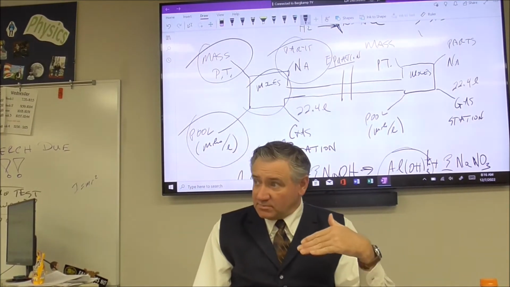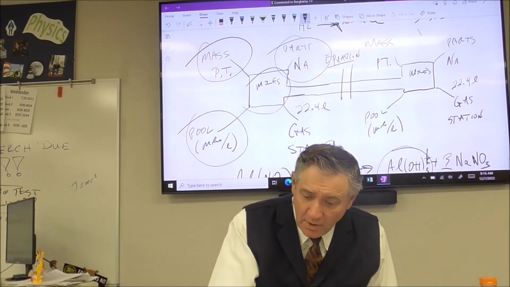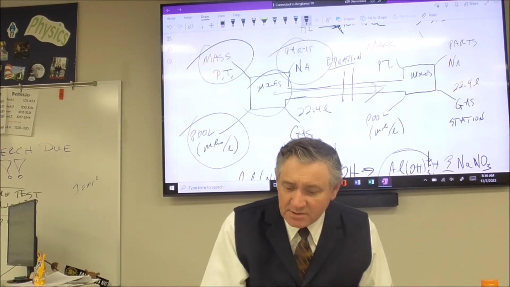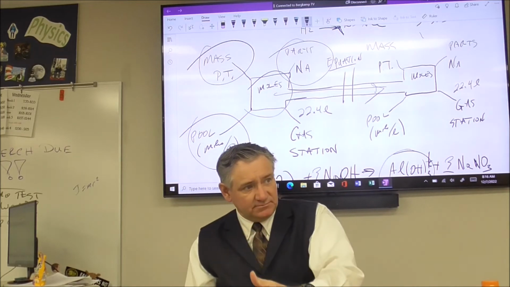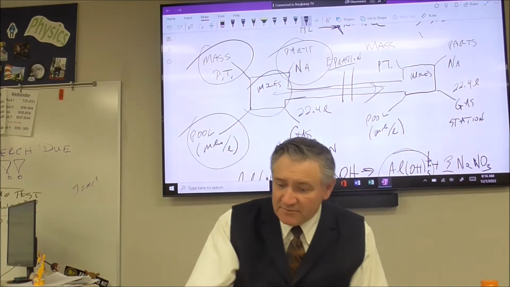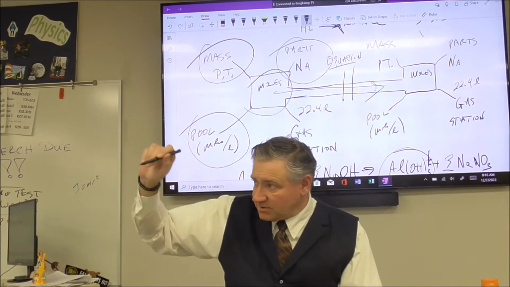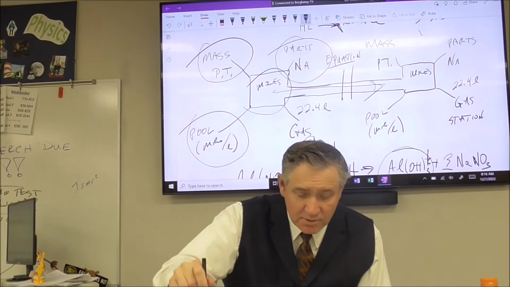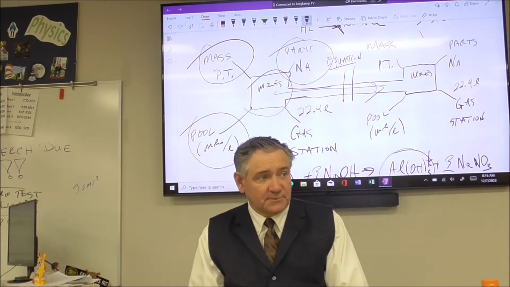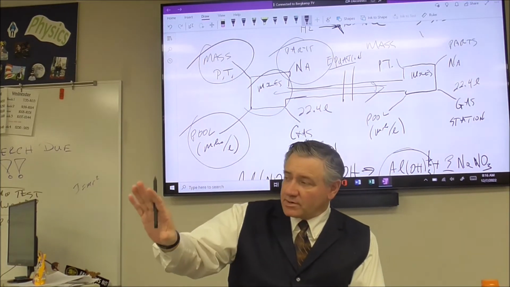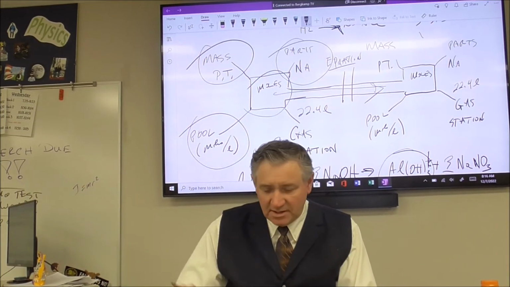They all lead to moles. Then you're always going to do some type of conversion over to another type of moles, and from there you can branch out. You can go to mass, to particles, to volume, or use the pool part. So I'm going to work something about as complicated as it's going to get.